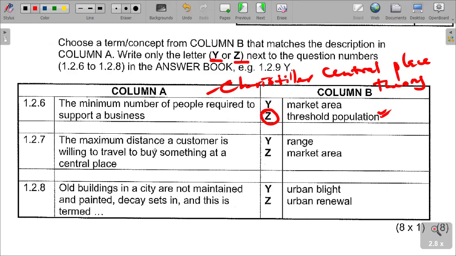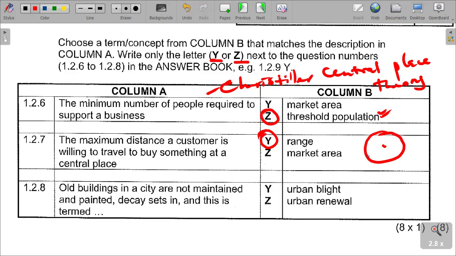It is quite a relevant and common area in our examinations. The maximum distance a customer is willing to travel to buy something at a central place, what do we call that? We call that a range. According to Christaller's central place theory, we have a service here and then we have the sphere of influence.